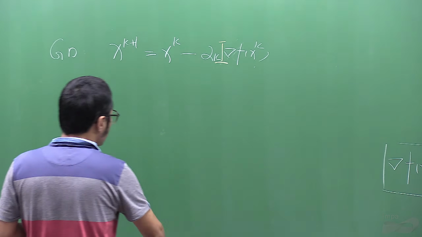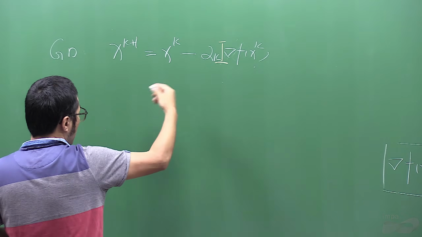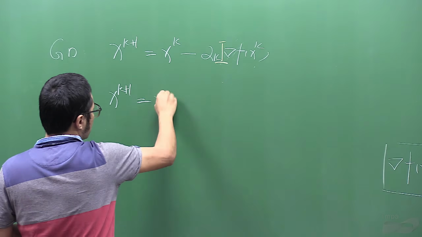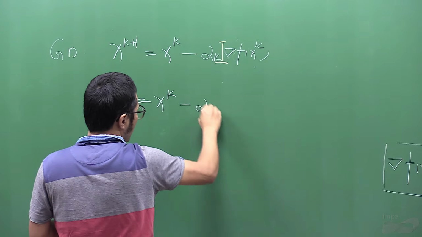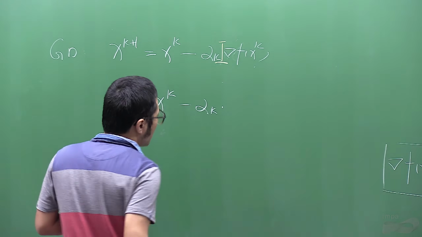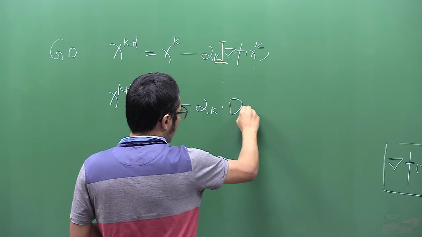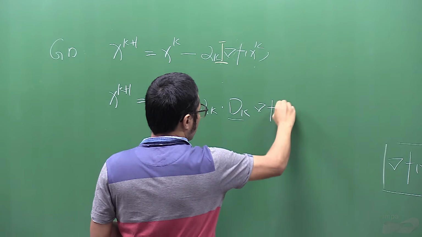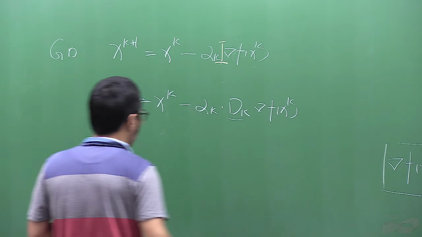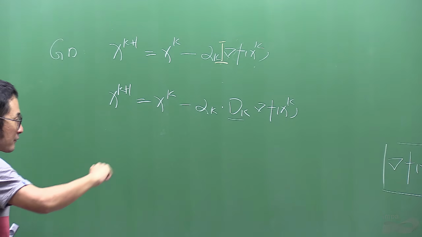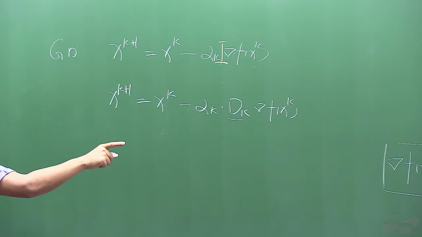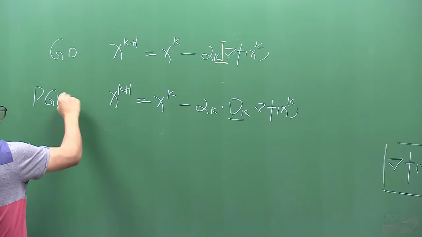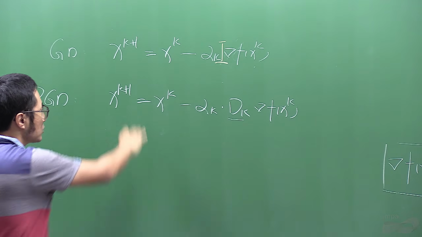So this method can be generalized as xk minus alpha times some dk, which is a matrix, times the gradient of fk. In the reference which I mention later, this is called the preconditioned gradient descent, which is much more general than this one.